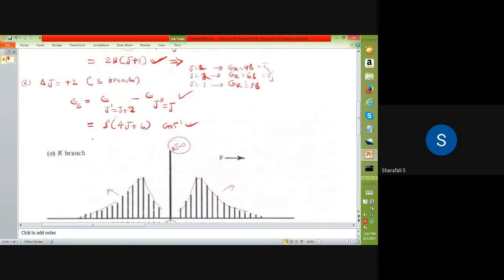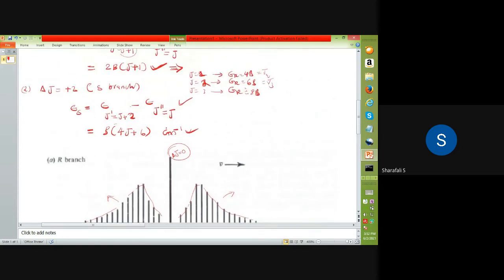Similarly, if you are considering the second case, the S branch, you can substitute those values. But here we have the delta j equal to plus 2 condition. So in this case, the j value varies from 0, 1, 2, 3, etc., because j equal to 0 is allowed in this particular transition. When j equal to 0, epsilon s, that is the S branch energy or frequency in wavenumber, will be equal to 6b.